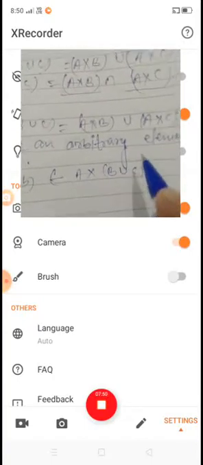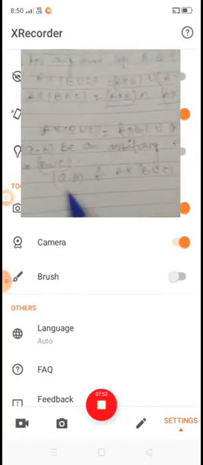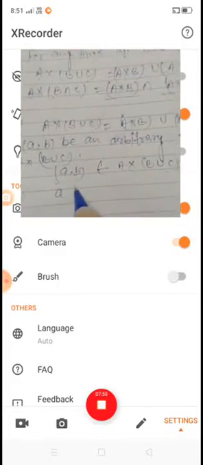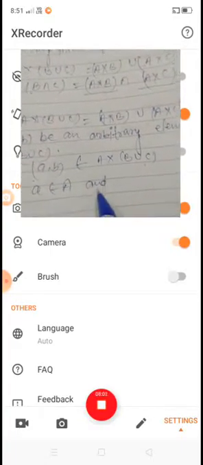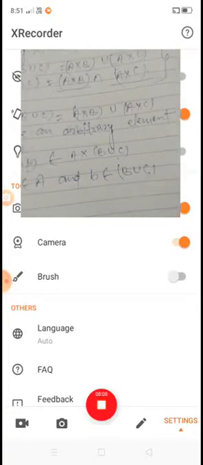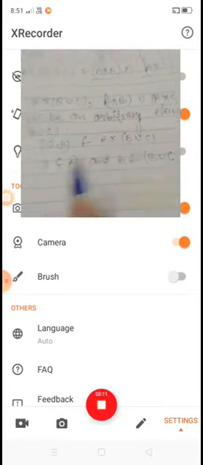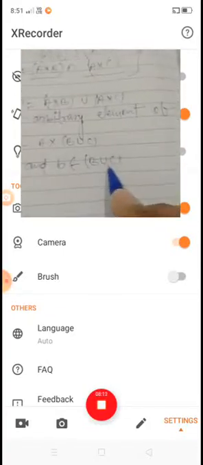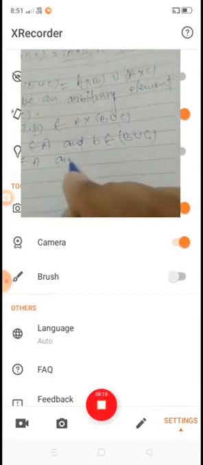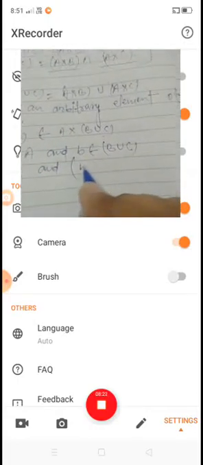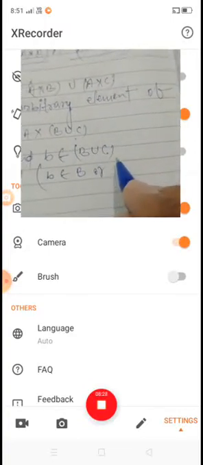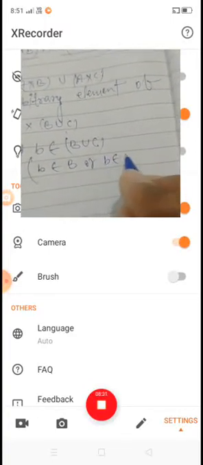So by the definition of ordered pair, a belongs to A and b belongs to B union C. Now by the definition of union, we have a belongs to A and b belongs to B, or b belongs to C.